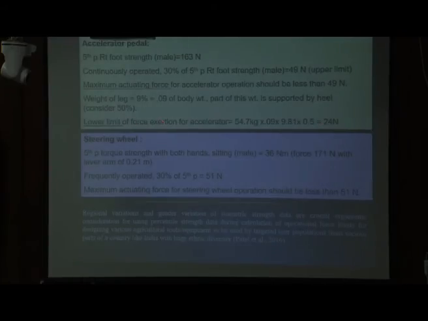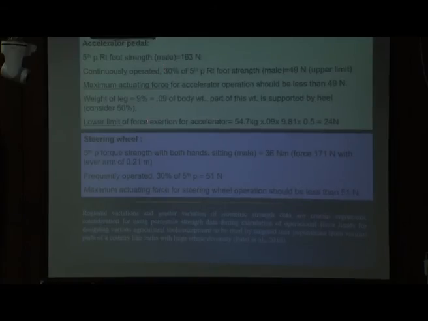So lower limit, only due to the weight of the leg we can exert, and we have considered 50% of that, that is into 0.5, so 24 Newton. So its lower limit will be 24 Newton, whereas the upper limit is 49 Newton. The upper limit is decided based on the 5th percentile right foot strength, and it's 30%.